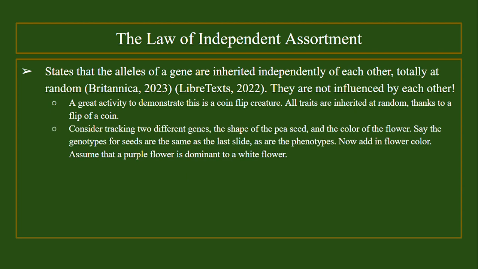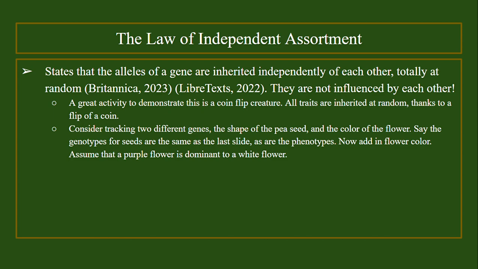If we were for a moment to imagine that we are tracking two different genes, the shape of the seed pod, for example, and the color of the flower, that's what we're going to track in our imagination for just a minute. Say that the genotypes for the seeds are the same as last time, big W, little w, as are the phenotypes, right? Wrinkled and smooth.